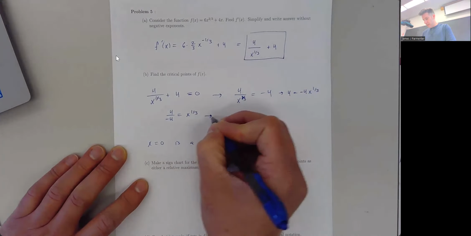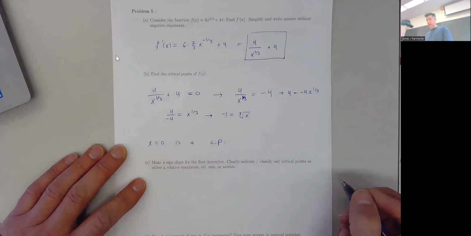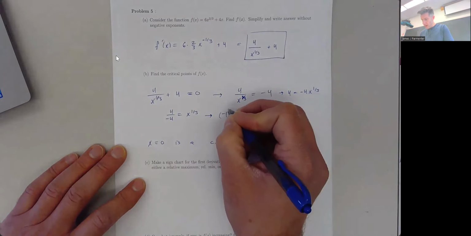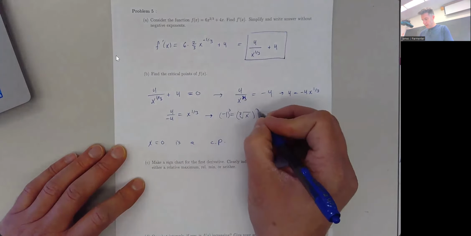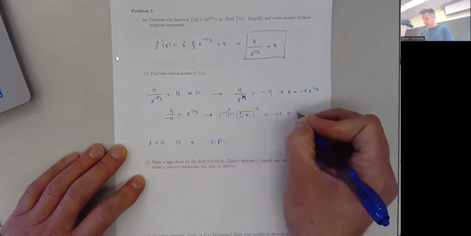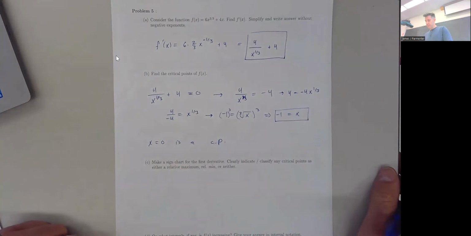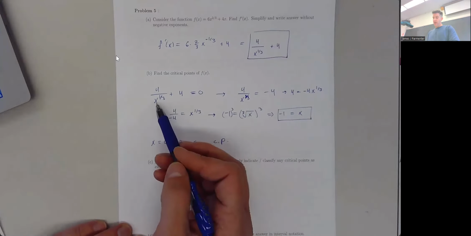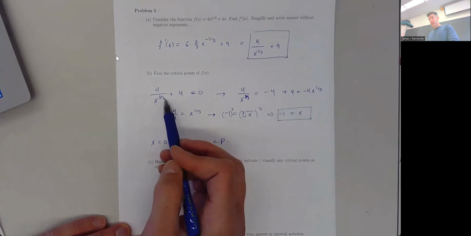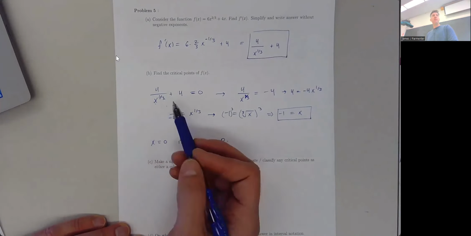So that means -1 equals the cube root of x. You don't have to write the cube root of x; you can just write x to the 1/3. I just wanted to point out that they were the same. If I cube both sides, -1 cubed is still -1, and you're getting -1 equal to x. If you weren't 100% sure, you might plug it back in: the cube root of -1 is still -1, 4 divided by -1 is -4, and -4 plus 4 is 0. So that checks out.